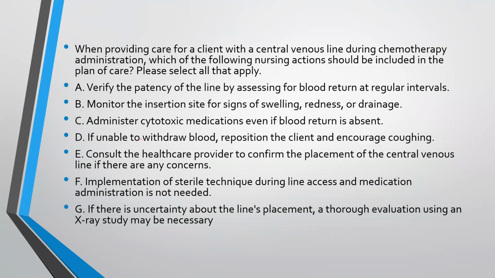So our next question: when providing care for a client with a central venous line during chemotherapy administration, which of the following actions should be included in the plan of care? Please select all that apply. Let's focus on the question here.